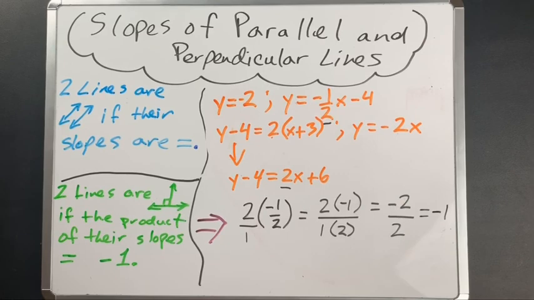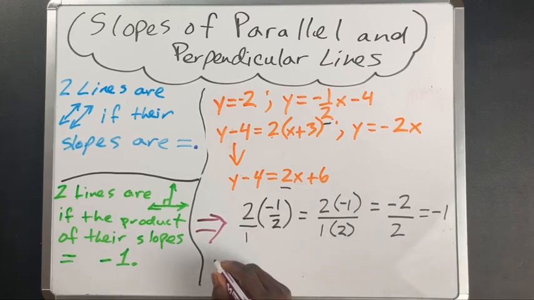There it is. So what does that mean? What that means is that these two equations here are perpendicular because the product of their slopes equals -1. This is the math to prove that the product of their two slopes equals -1.